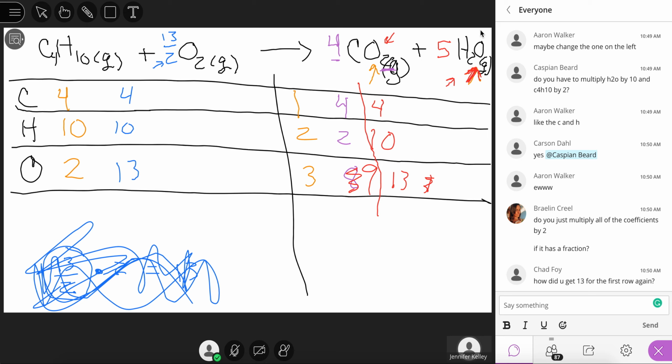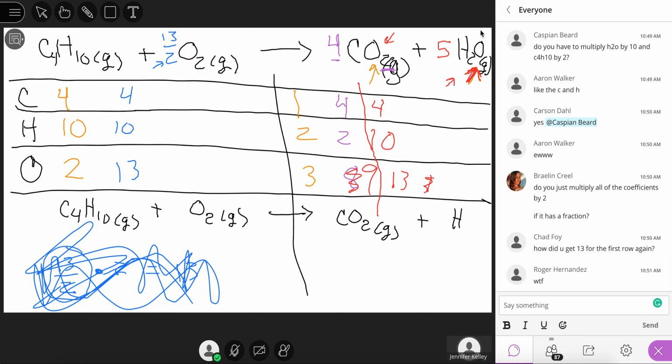All right, so I'm just going to write this out again at the bottom. C4H10 plus O2 makes CO2 plus H2O. All right, and I'm going to multiply all of the coefficients by 2.